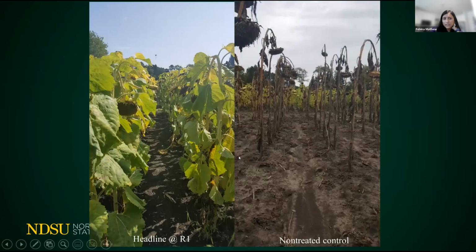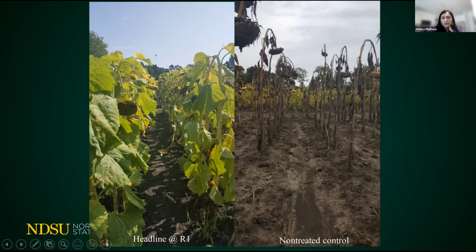So this is what it looks like. These are pictures from my trials in Brookings. A non-treated control, which means no fungicide went onto these plants. This was taken in August, the same time between the 2. And this plot where fungicide was not sprayed was taken down in August itself. So we hardly got like 700 pounds per acre out of this.